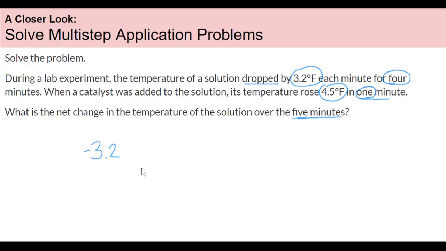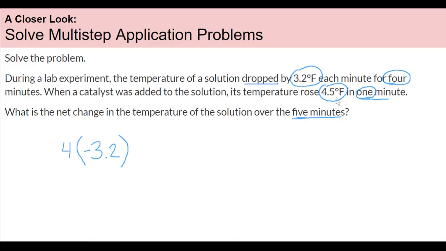It says it dropped each minute for 4 minutes. So it didn't drop to negative 3.2. It actually dropped to something closer to negative 12, because we're going to multiply negative 3.2 by 4 minutes. That will tell us where it's at, how far it has dropped.